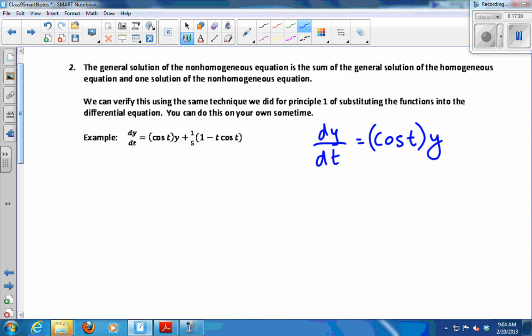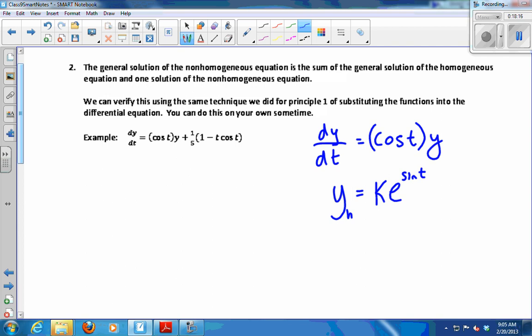We found that the solution there is k e to the sine t, and I'm going to throw a little h on here for the solution to the homogeneous equation. So now I have half of the general solution to my original problem. My general solution is the sum of that, y sub h, and any particular solution to the whole equation.